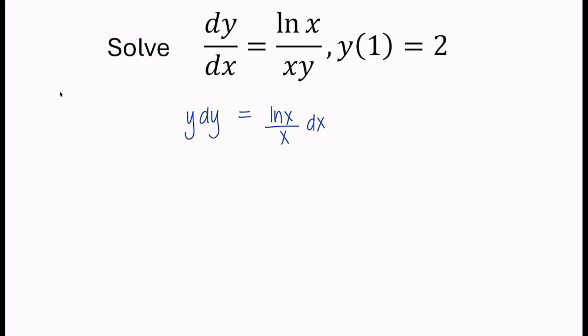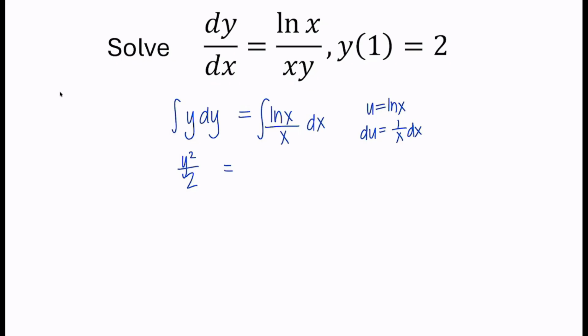So ideally, we want to do the separation of variables in as few steps as possible so that we can get to the integrating. So now we're going to integrate both sides. On the left, I'm going to have y squared over 2. On the right, this is going to be a u substitution and a fairly straightforward one. So if u is natural log x, du is 1 over x dx, and I have that right here.